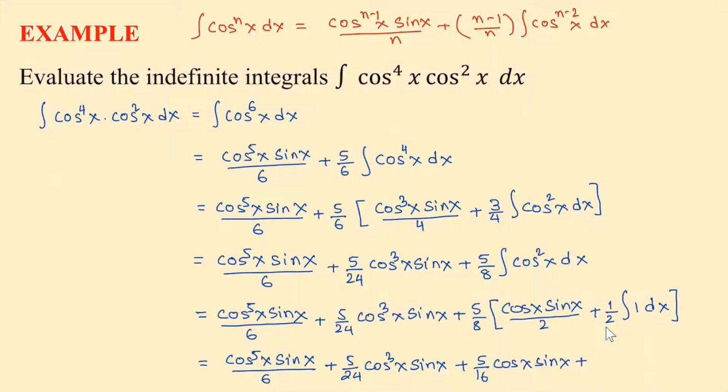So that becomes 5 over 16. Integration of 1 with respect to x is x, so 5 over 16 times x is 5 over 16 x. Now we are done with the integration, and since we are evaluating an indefinite integral, at the end we need the constant of integration, plus c. So this is the result of the integral given here.